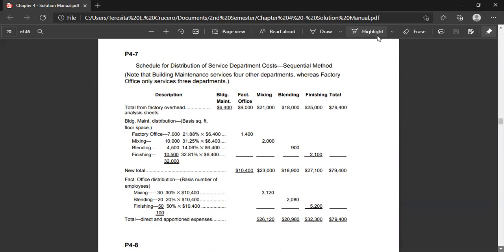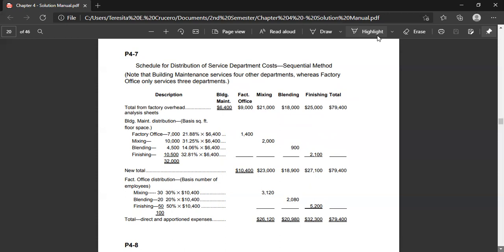Then we allocate the cost of the building maintenance. We are now using sequential or step method. So we are going to allocate the cost of the building maintenance to the other service department and to the three production departments.